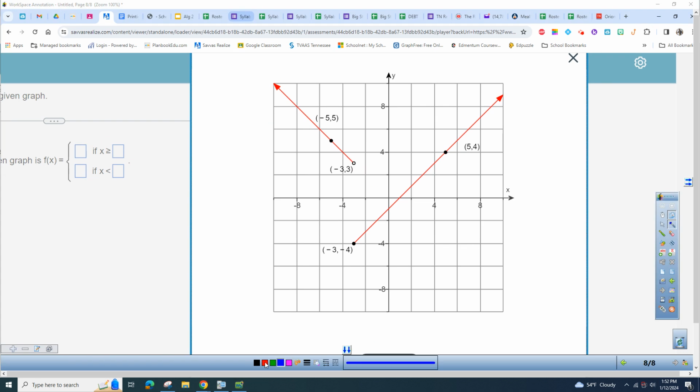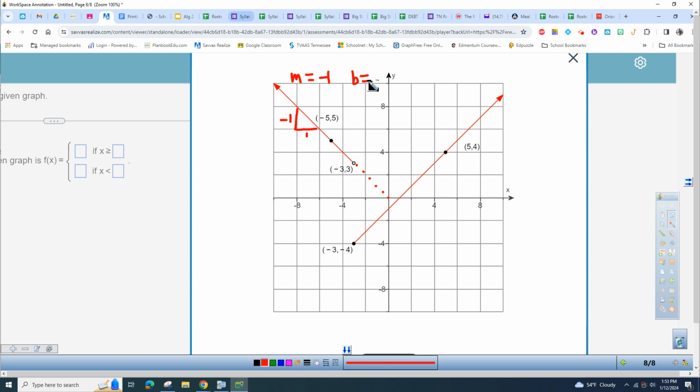So I'm going to take this left equation, and I'm going to see, okay, if I continue this out, 0 would be my y-intercept, correct? And what is my slope? Isn't that -1? Okay, so my slope here is -1.